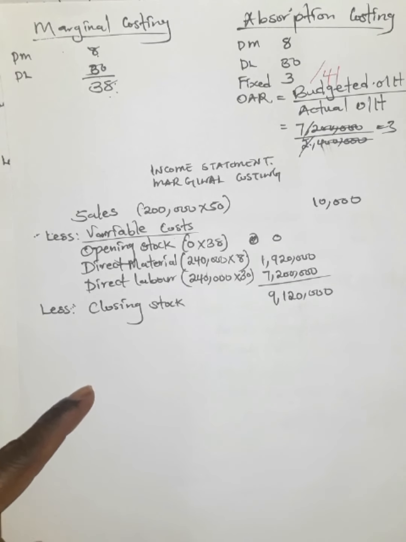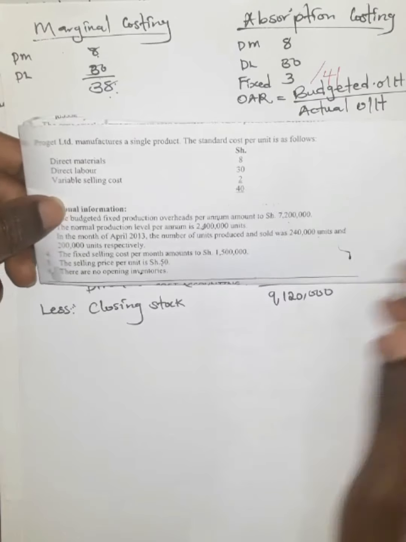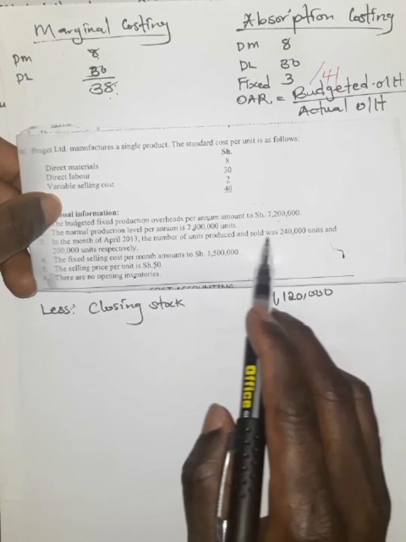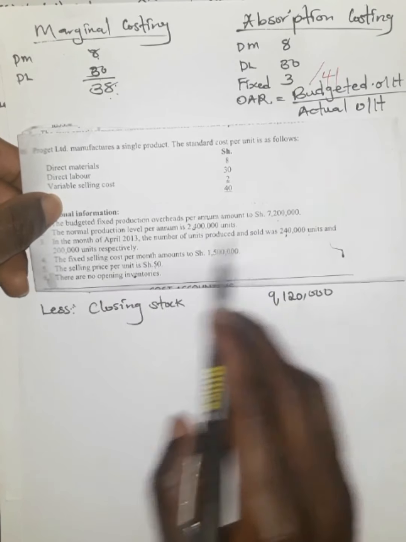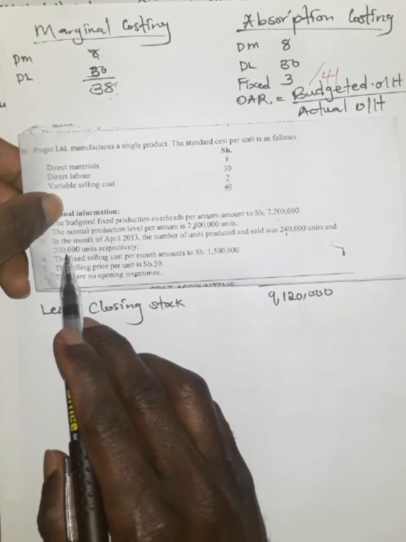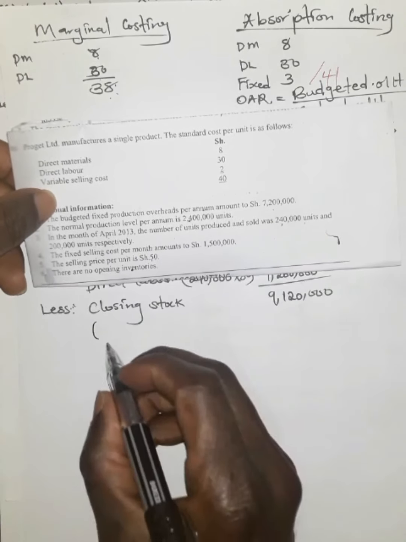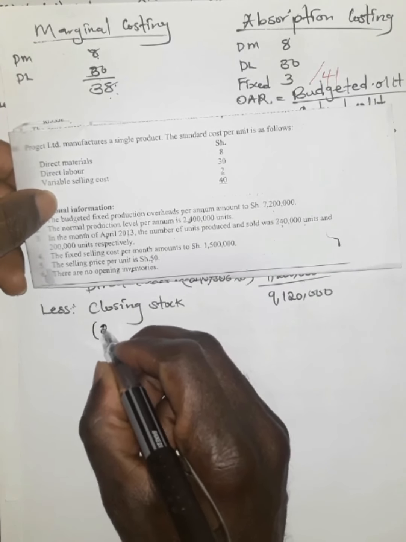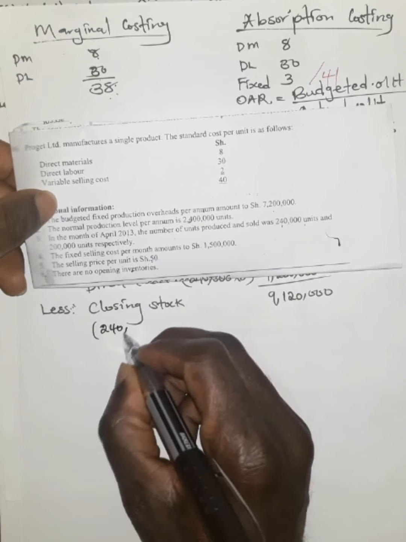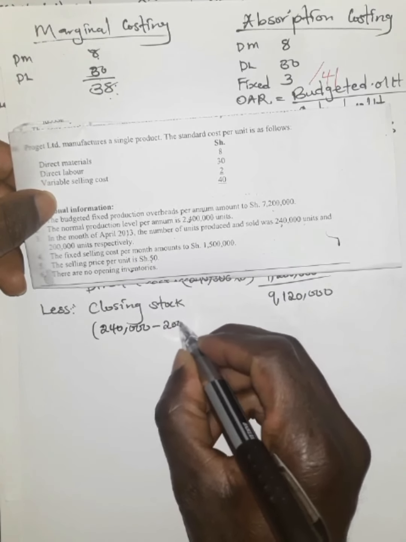Closing stock, we are going to do some computation which involves if 240,000 units were produced and 200,000 are sold, it means the difference is what is remaining at the end. So it is 240,000, what was produced, minus what was sold.